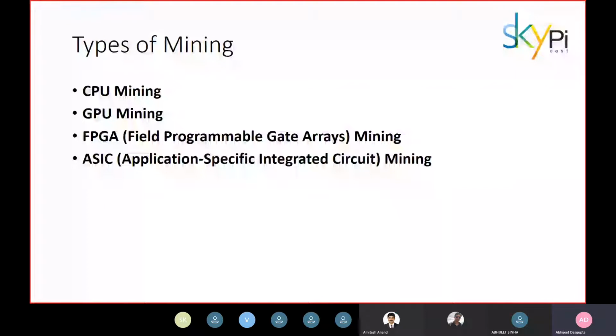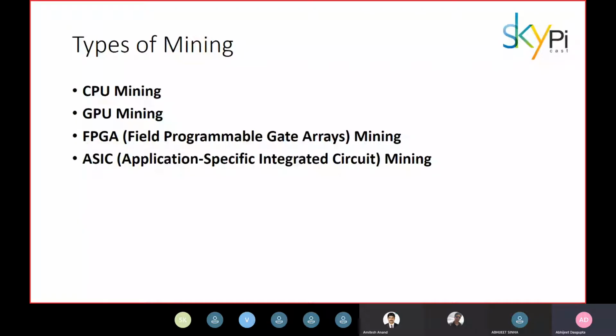A similar sort of mining possibility is ASIC, which, I guess, is a very popular and probably the most popular choice of miners who mine professionally, or who mine coins as professionals.